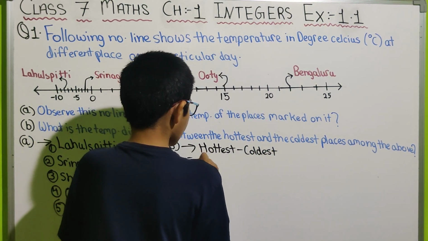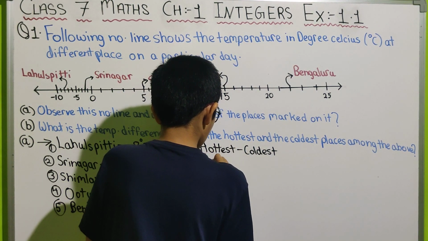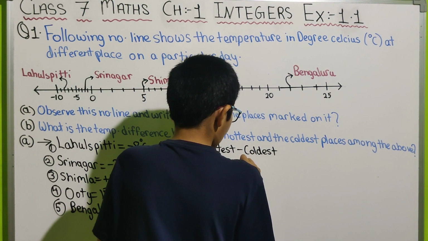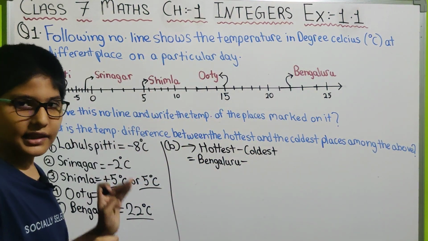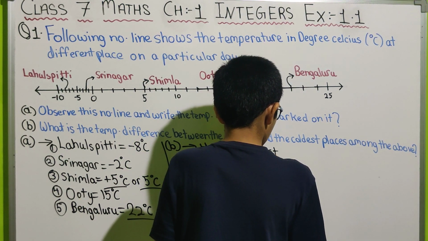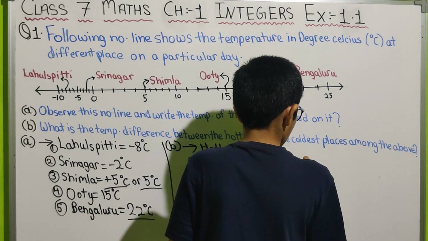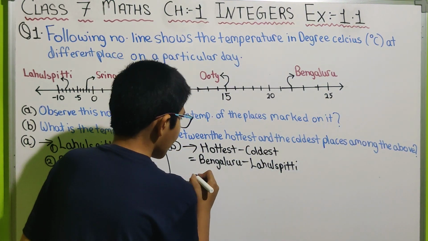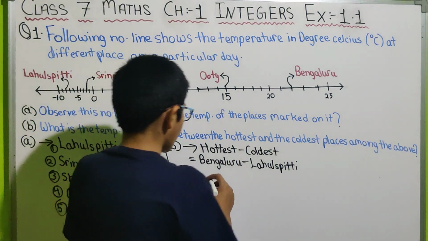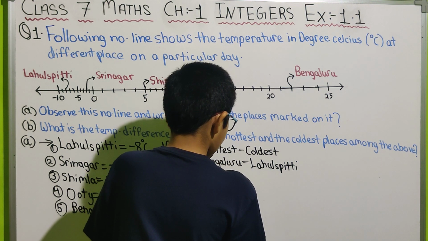The hottest is Bengaluru, and Bengaluru minus the coldest, which is Lahore Spiti. So here, Bengaluru minus Lahore Spiti. Bengaluru temperature is how much? 22 degrees Celsius. So now let's write 22 degrees Celsius.